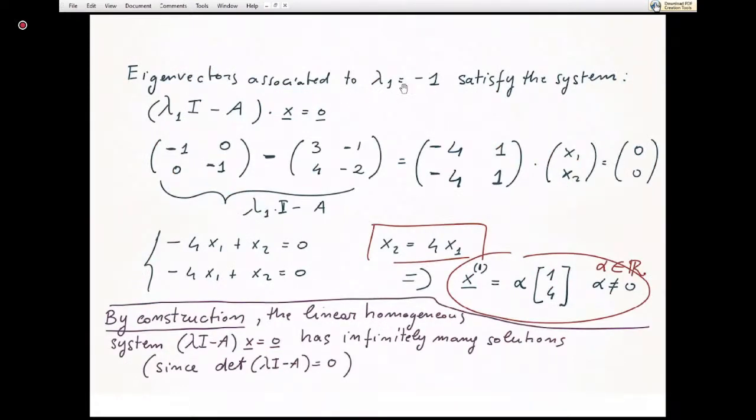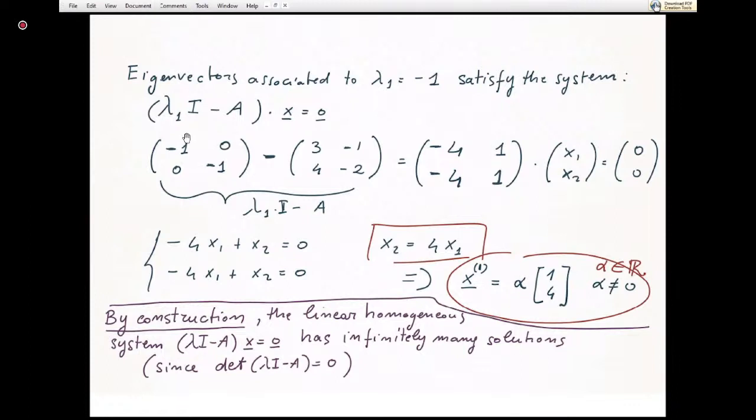So what are, for instance, the eigenvectors associated to the first eigenvalue, lambda 1 equal to minus 1? We have to write down the equation lambda 1 identity minus A times x equal to 0.